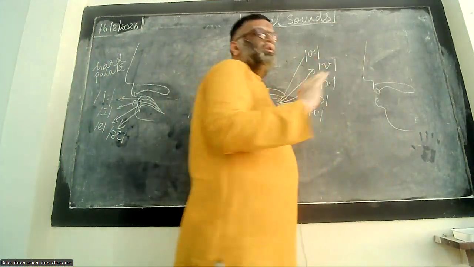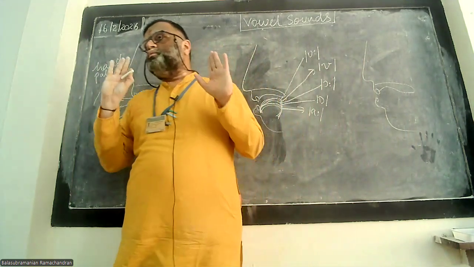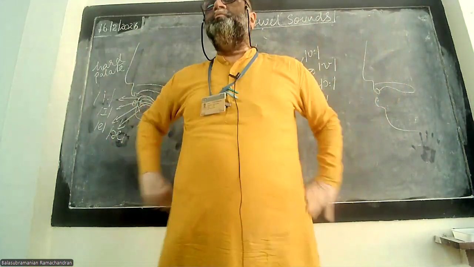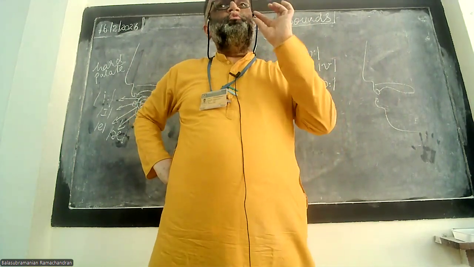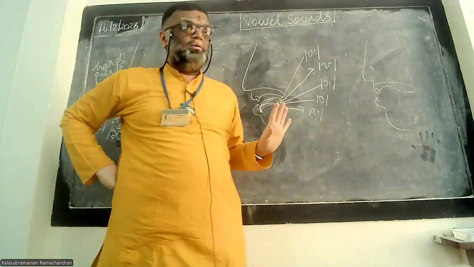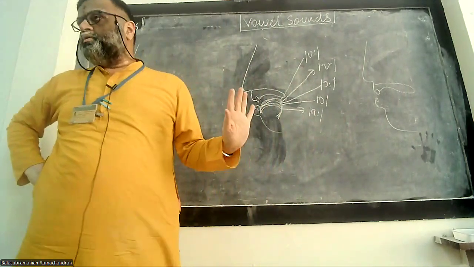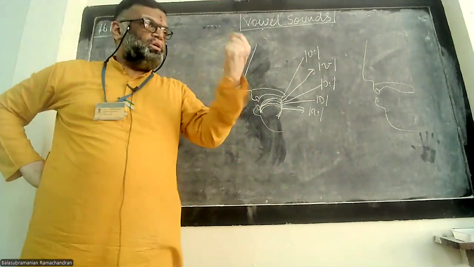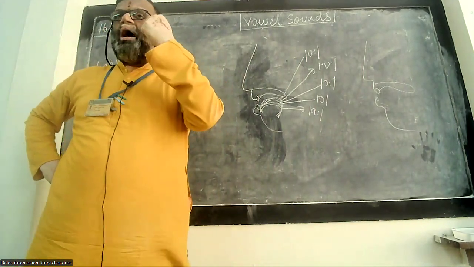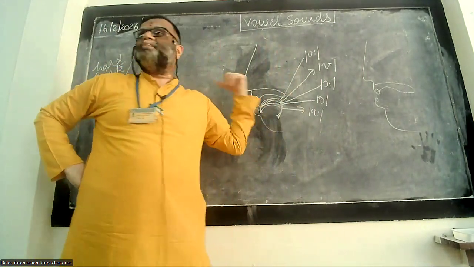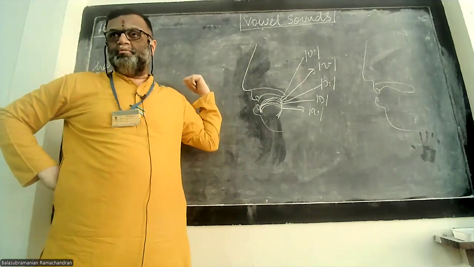The shape of the mouth is very neutral. If you see, there is not much movement. It is unrounded, no doubt. But by neutral we mean it will not be as rounded as for back vowels or as unrounded as for front vowels.